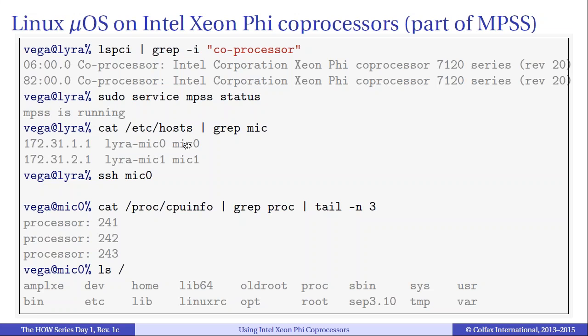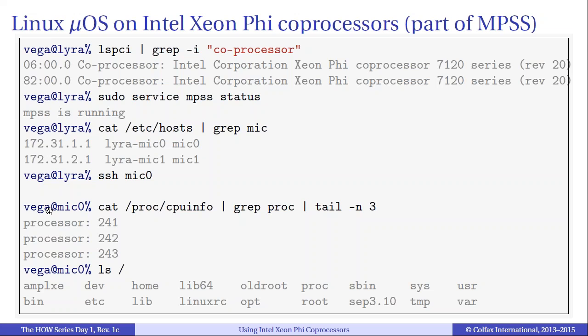These are actually host names of my Xeon Phi coprocessors. They are configured by default by the MPSS configuration tool, and they have IP addresses. So I can ping these IP addresses. And even more, I can type ssh mic0 and I will log into the Xeon Phi sitting behind this host name with this IP address.